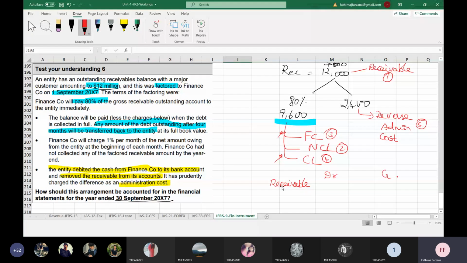Receivables, actually the company derecognized it. Derecognized means they've credited it, correct? No, it is mentioned here: the entity debited the cash from finance to its bank account and removed the receivables. How will you remove a receivable?